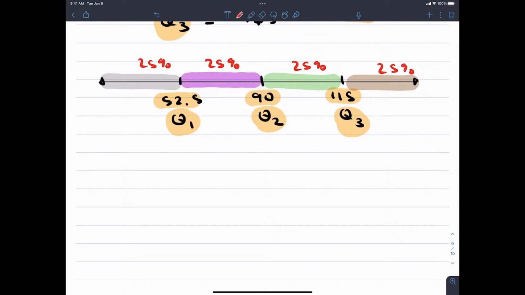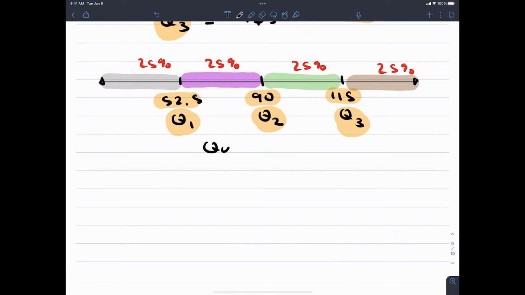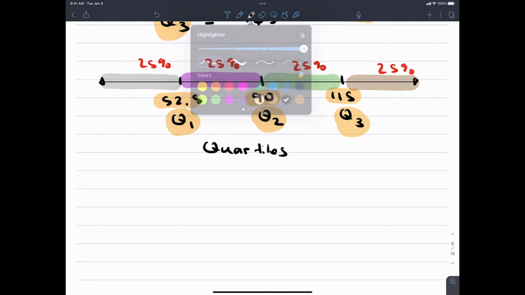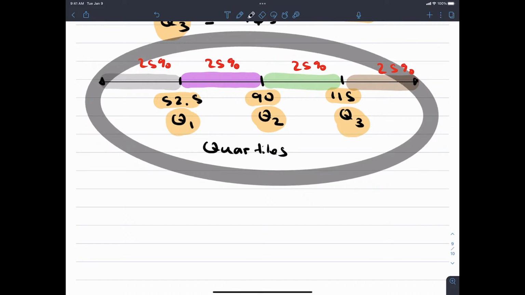This is partitioning your data into what we call quartiles or quartile values. A very important system because of the 25, 25, 25 situation. Easier to read, I guess. Easier to think about.